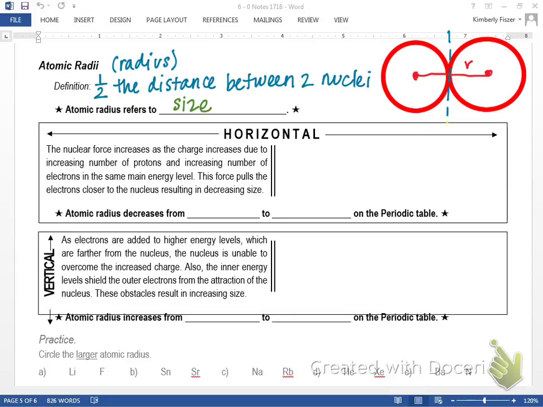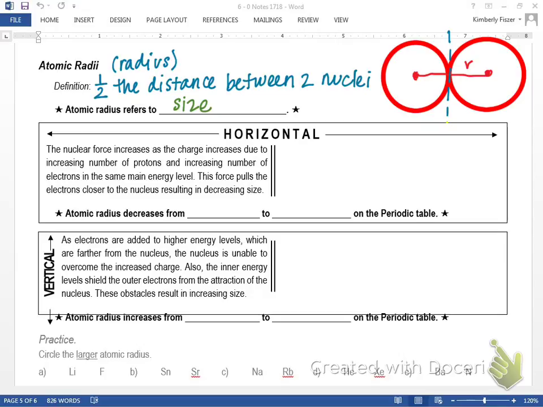So it sounds like there's a whole bunch of what? What word did I say like 5 times? Increasing, right? So a whole bunch of things are getting bigger. Increasing means to get bigger. So, the charge is increasing, the force is increasing, the number of protons is increasing, and the electrons are increasing.